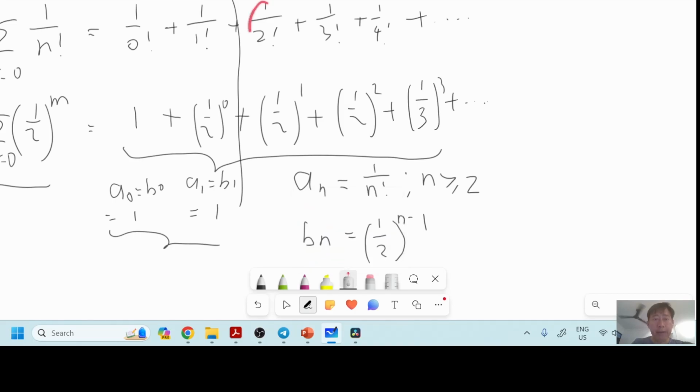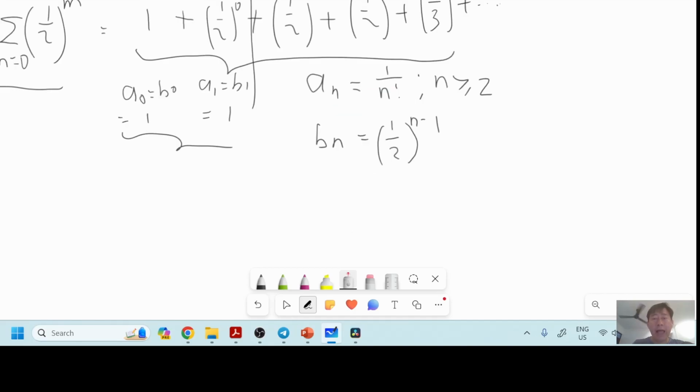If you compare, say, the n equals 2 terms in An and Bn, we are comparing 1 over 2 factorial against half raised to the power of 1. For n equals 3, you are comparing it against the n equals 3 term in the B series, which is just half raised to the power of 2.